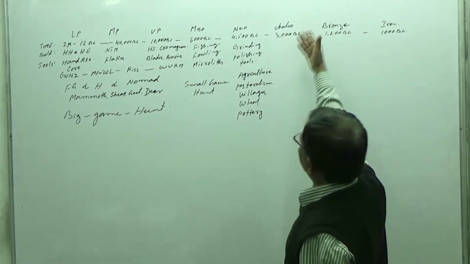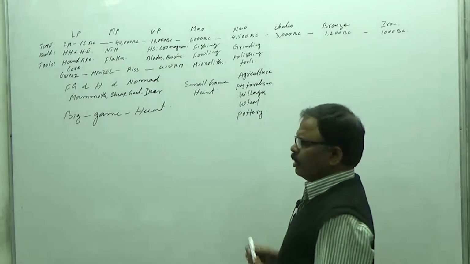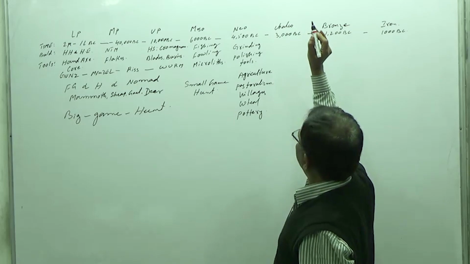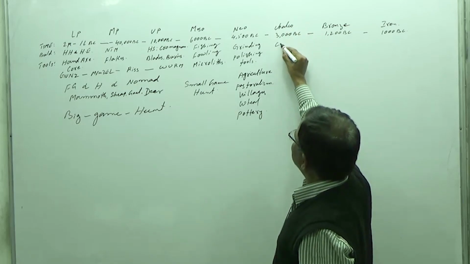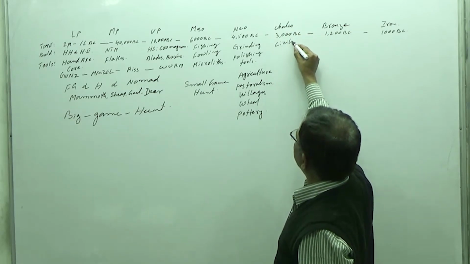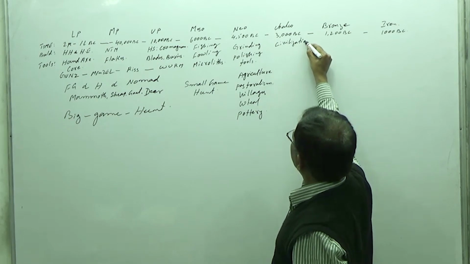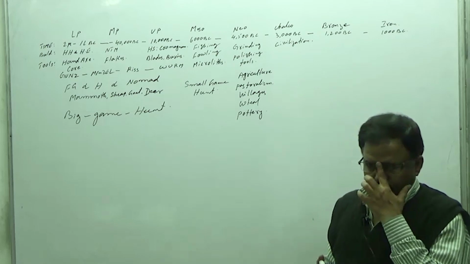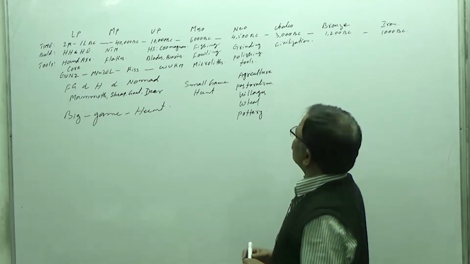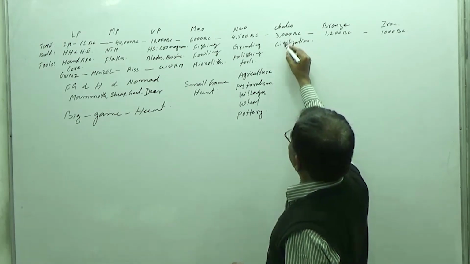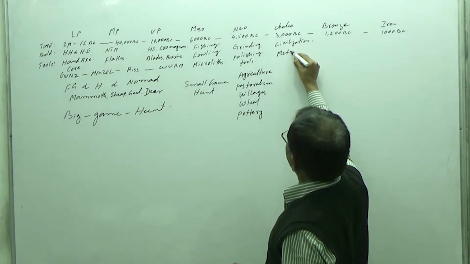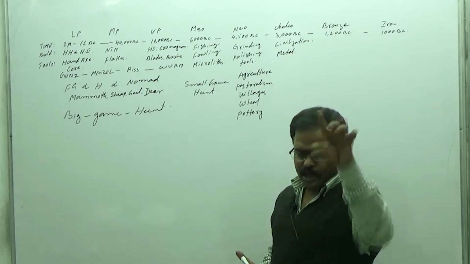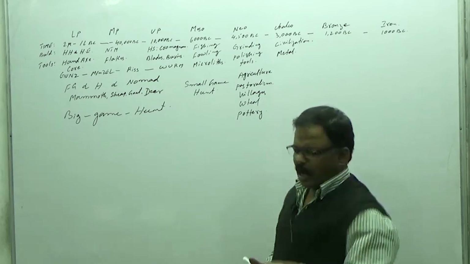Then Chalcolithic. This is the first metal age. That means this is the first civilization period. For the first time man started to use metal, but here man used both metal plus rock, particularly copper.